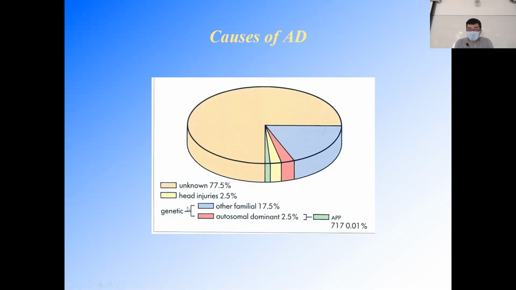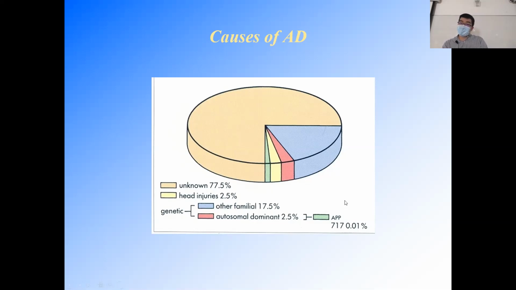Now, some of those are caused by familial factors, with family history. Some of those are caused by autosomal dominant inheritance. We'll talk about some of the autosomal dominant ones. That means that if one gets the mutation, one will have the disease.